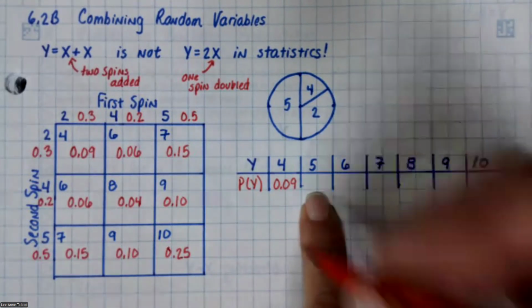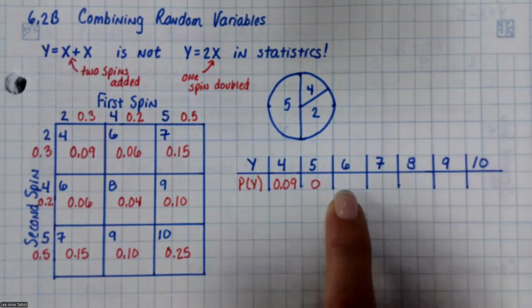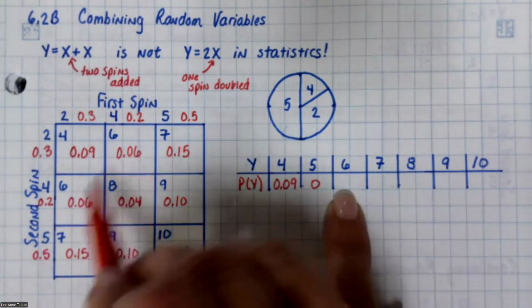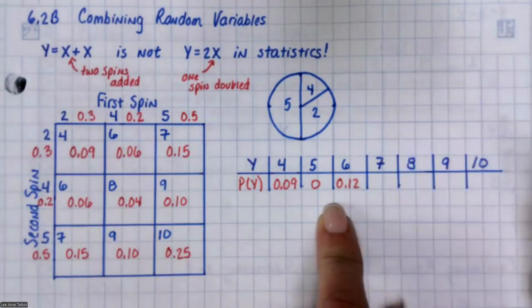So there's actually a 0% probability of getting a 5. You can't really get a 5. Okay, 6. There's 2 boxes that you can get a 6. 0.12.